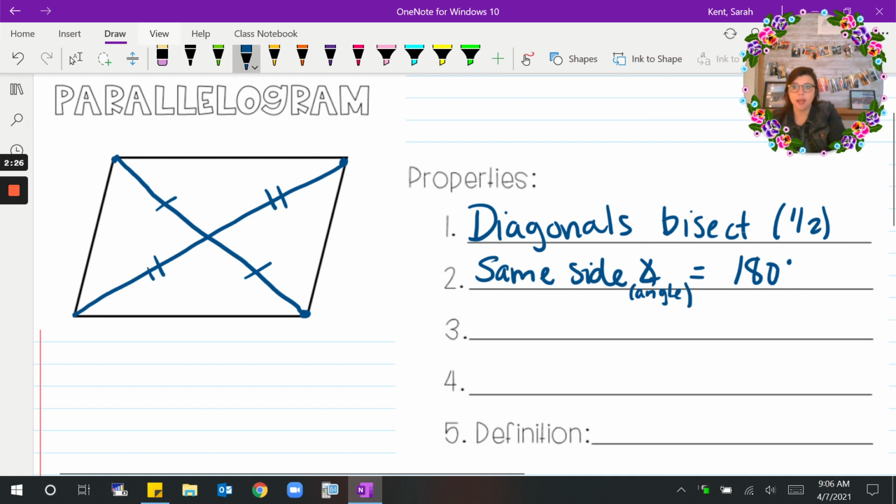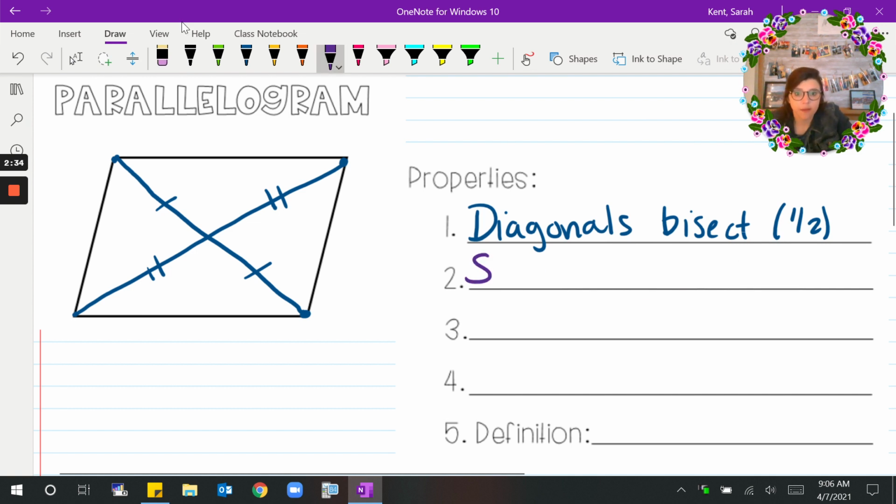So we've talked about same side angles way back in the fall.